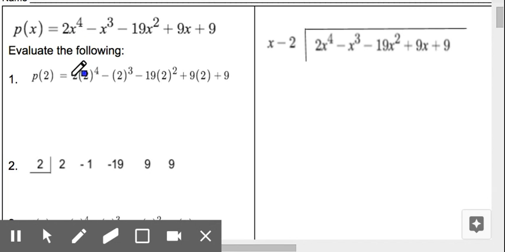So we notice that in this function, we change all the x's with 2. So it becomes now 2 times 2 to the fourth minus 2 cubed minus 19 times 2 squared plus 9 times 2 plus 9.